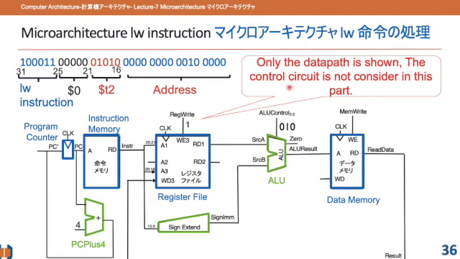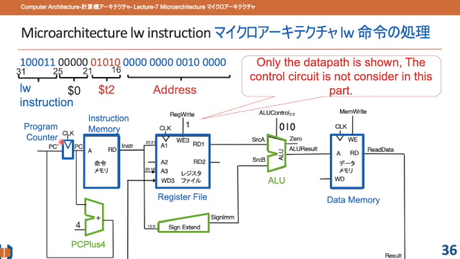One thing to be noticed here: we only consider the data path, but on top of the data path, we also have the controller. To keep it simple, we don't use the control circuit here. So for today, we will only consider the data path and its flow.